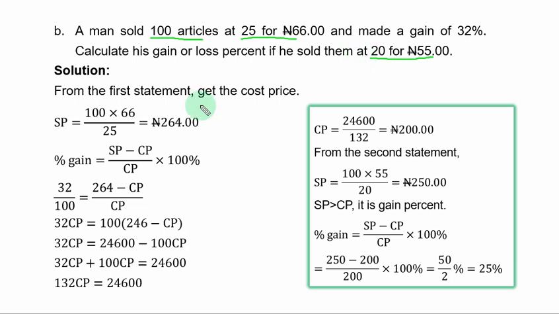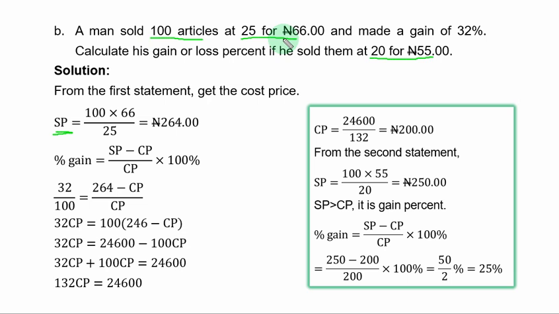Let us start by getting the selling price. From the question, the 100 articles, 25 are sold for 66 naira. That means the next 25 becomes 66 times 2.